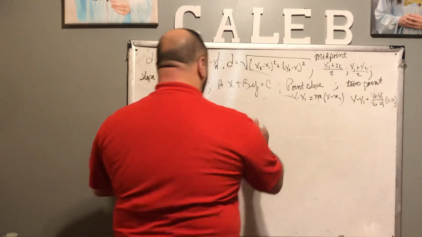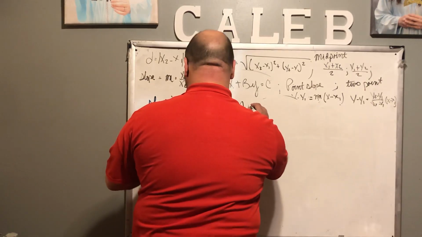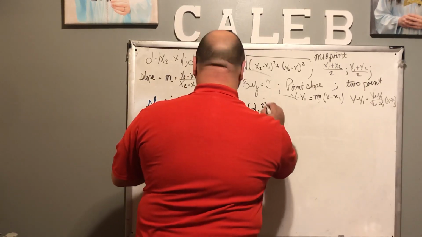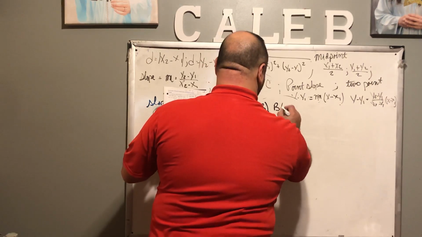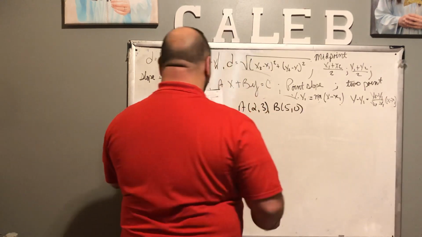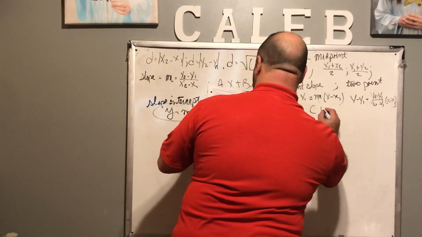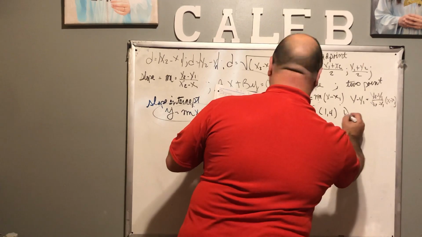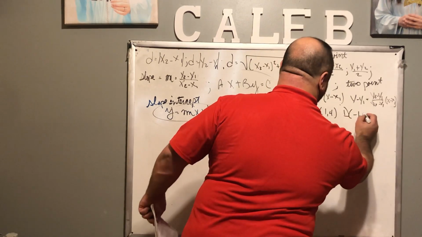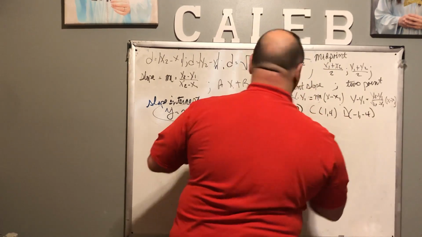So our points are: point A is (2, 3), and point B is (5, 0). Then point C is (1, 4), and point D is (-1, -4).